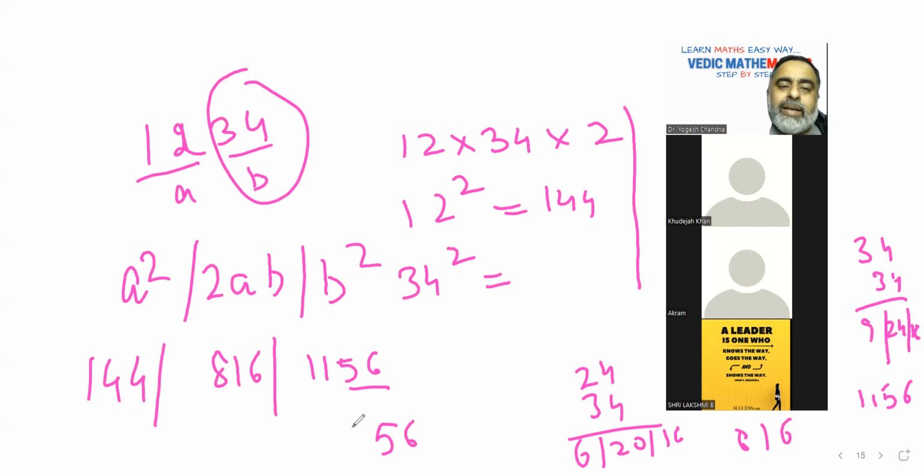So 5, 6, then 2, 7, and 8 will go further. So 1, 5, 2. Yes, sir, got it. Then you'll question, then you'll get the solution. If you don't question, how can you get the solution? Yes, Akram? Suman? Yes, got it.